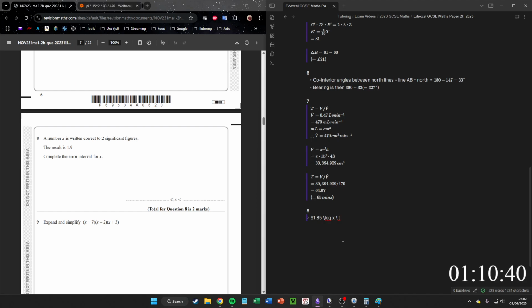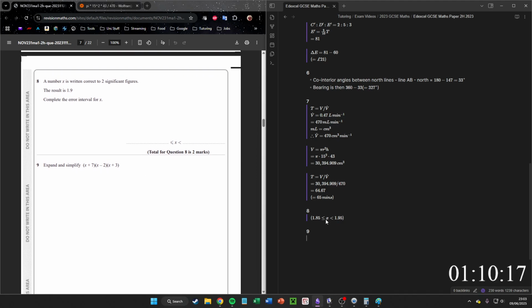But 1.949 recurring would round down to 1.9, so it's smaller than 1.95, not smaller than or equal to, in sync with the symbols written here. I don't actually know what working out you're supposed to write down in the exam, except what I've just said out loud, to be honest.